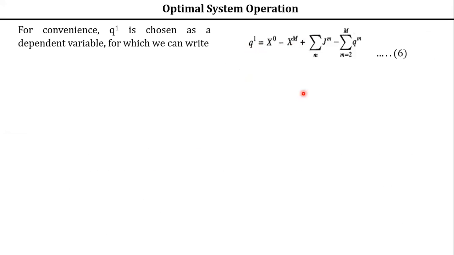That one dependent variable will be calculated or determined using this equation 6. So this is what we have discussed and studied till this point in the last class, isn't it?